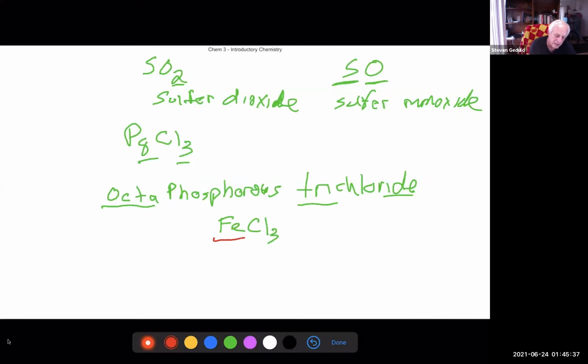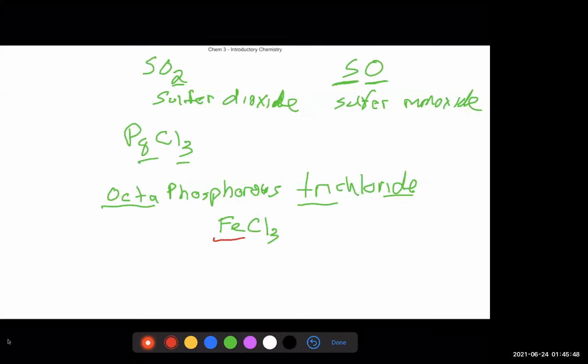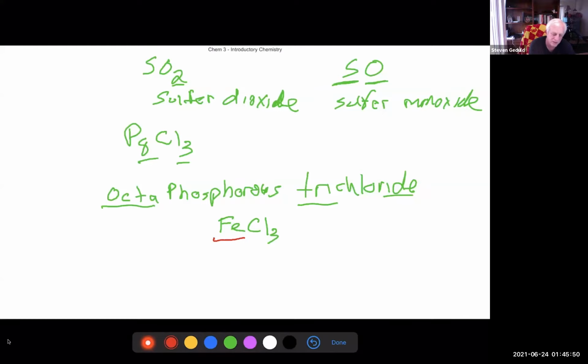So chlorine, you know, what's the charge on chlorine ion? Find chlorine on the periodic table. Negative one. -1, perfect. So chlorine is -1. So how many chlorines are there?